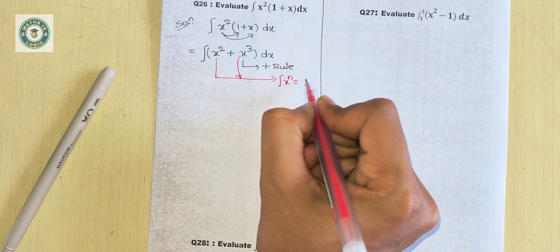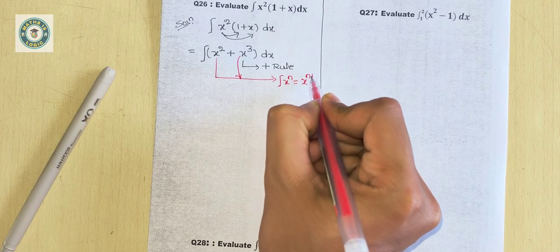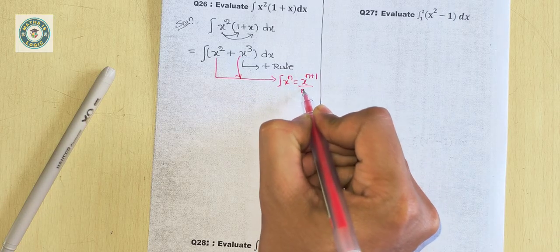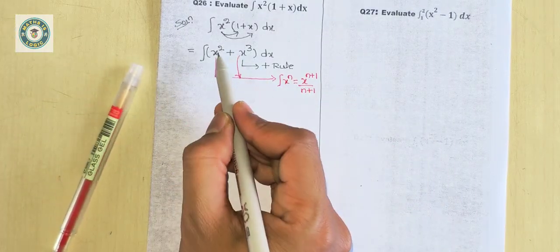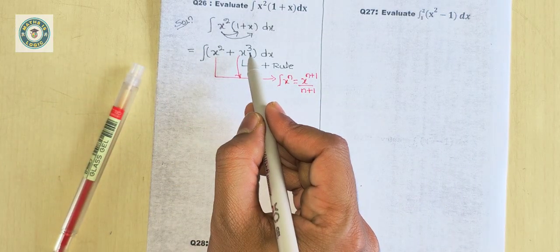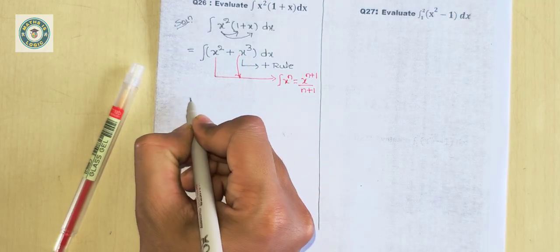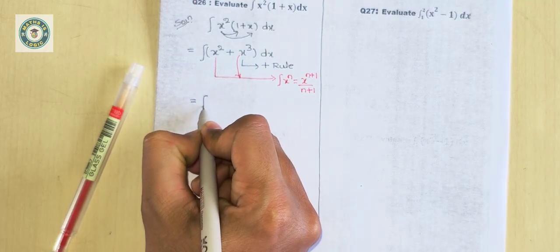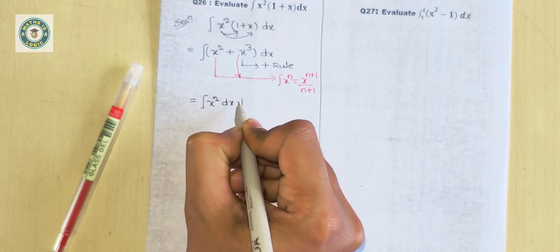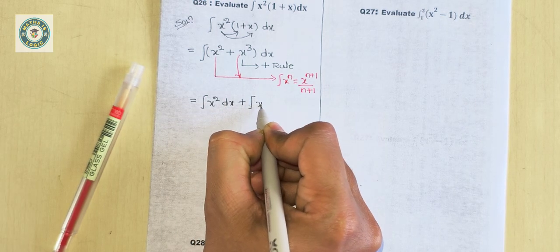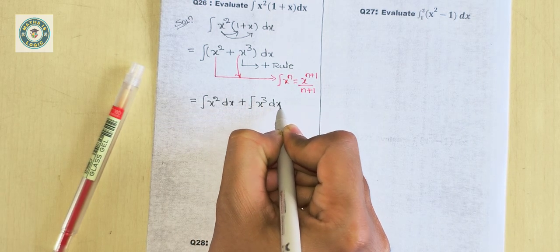So here we are going to apply the formula x power n plus 1 divided by n plus 1. But remember here n means 2 and here n means 3. Therefore, first integration of x square with respect to dx plus integration of x cube with respect to dx.